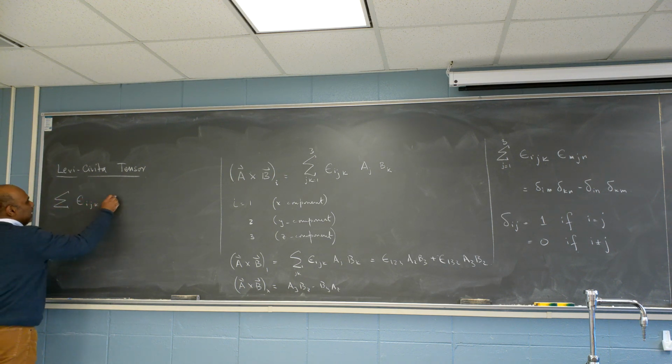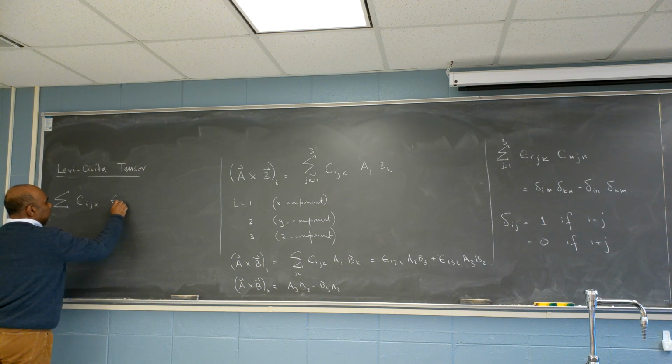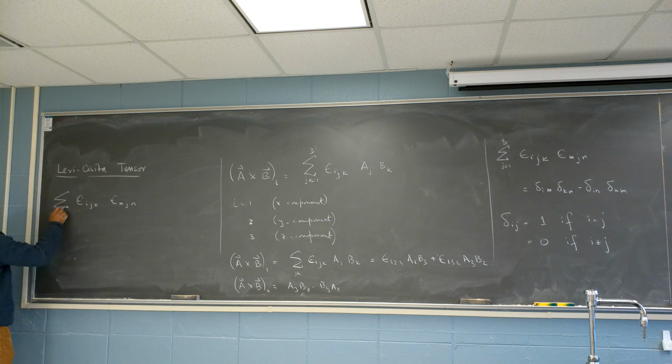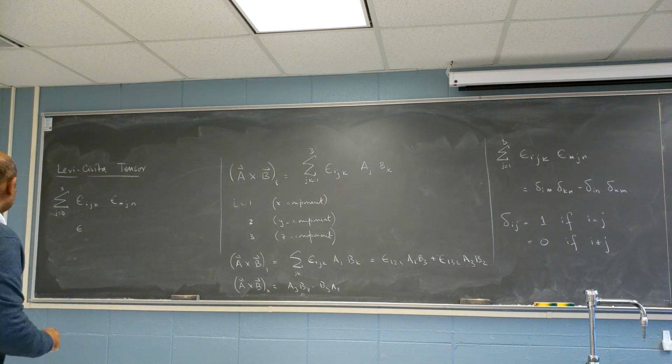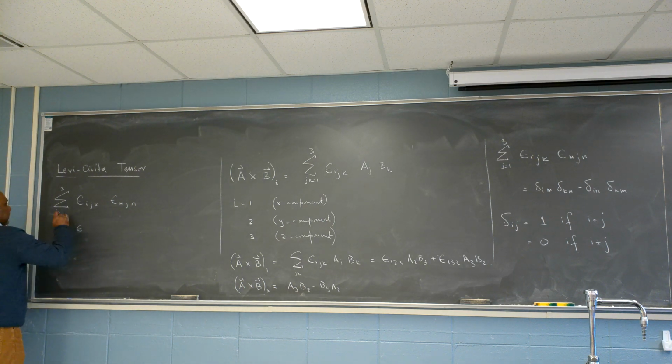We have epsilon i j k, epsilon m j n. j is being repeated, so j goes from 1 to 3. Sorry, I want to always include space and time, but here it's 1 to 3.